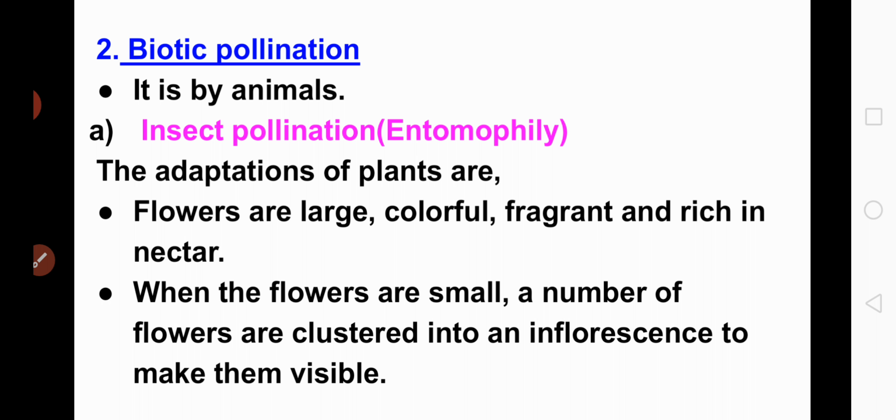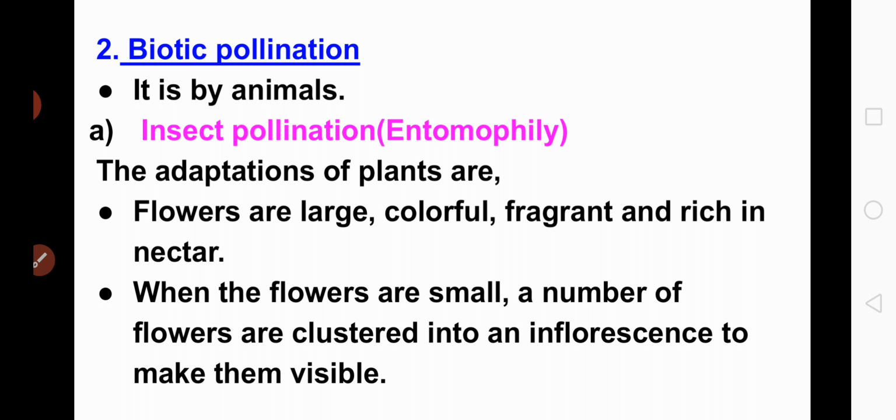Among the animals, insects, particularly bees, are the dominant biotic pollinating agents. Even larger animals such as some primates, arboreal rodents, that means tree-dwelling animals, and even reptiles have been reported as pollinators in some species.